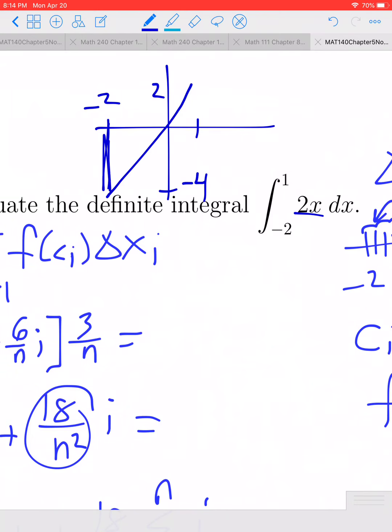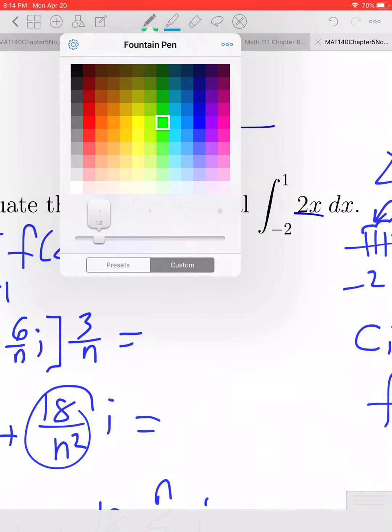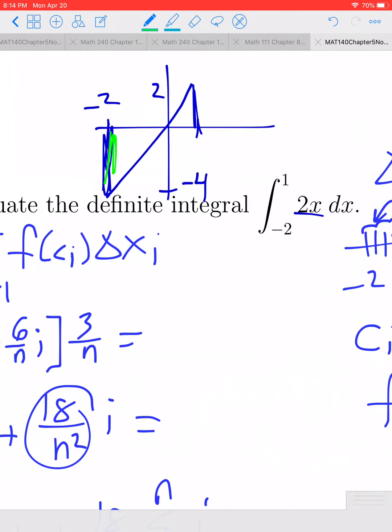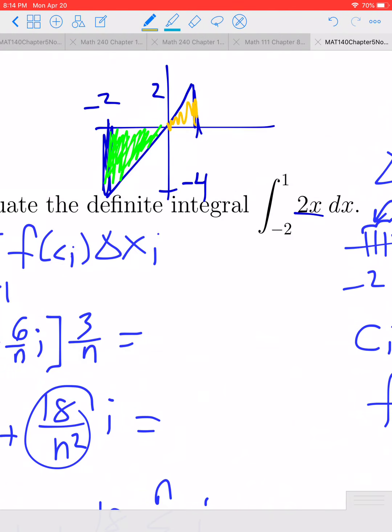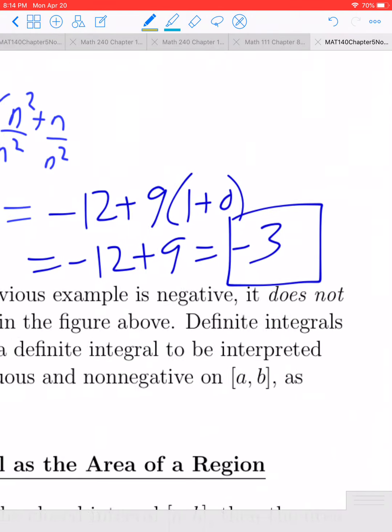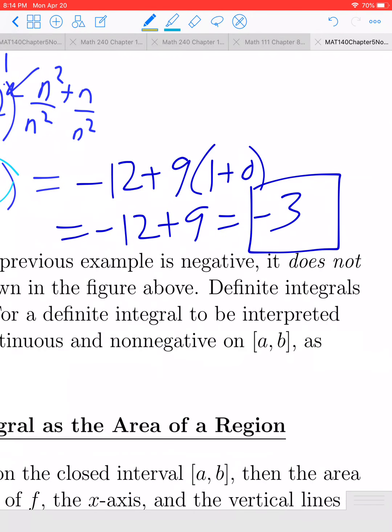And if you're trying to think of the concept, not physically, but as a negative area, if we look at the total area from left to right, there's more of the region that would be below the x-axis than what would actually be above the x-axis. And because of that, the final answer for this definite integral ended up being a negative value.